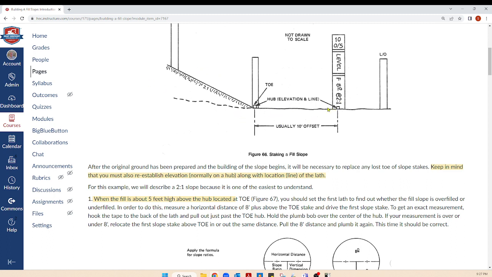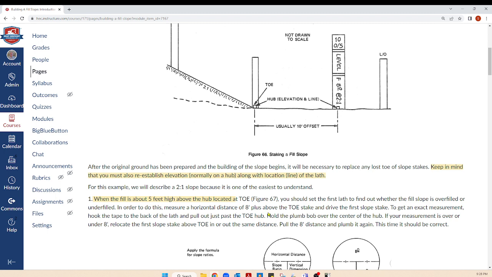So we would take the 4 foot elevation, that's the vertical, and multiply it times 2 to get the horizontal 8 foot. So we're going to put a tape measure here, and we've got dirt going up, up, up, and we're going to walk up here, pull that tape across, go a little further than 8 foot and drive a stake in the ground. That's where the 8 plus comes from.